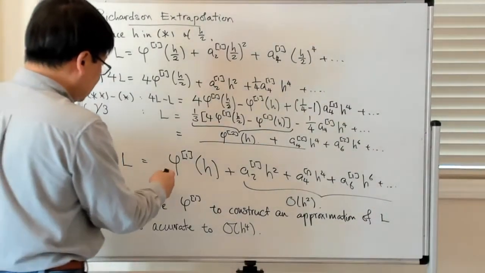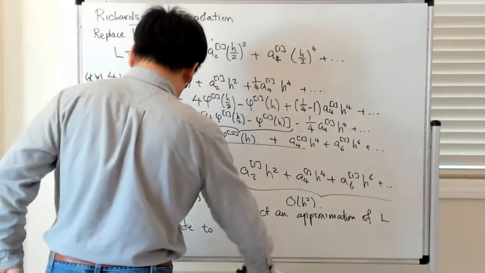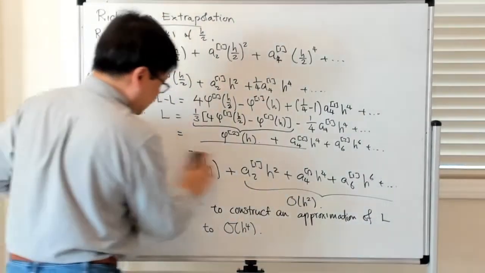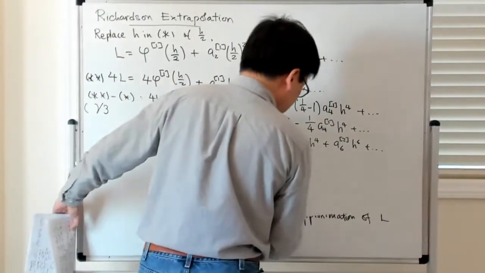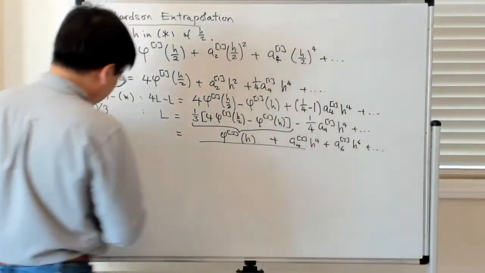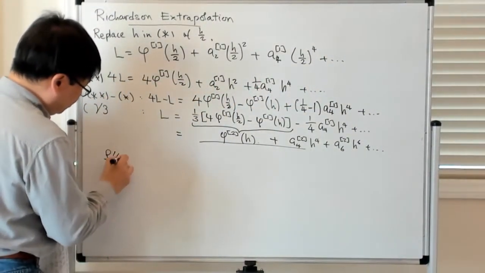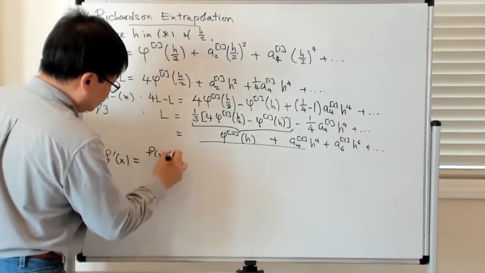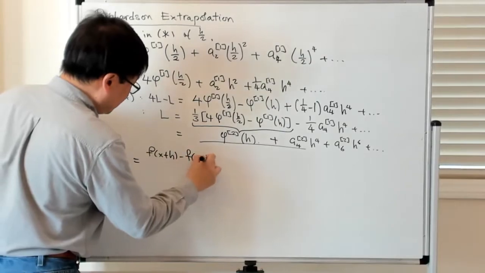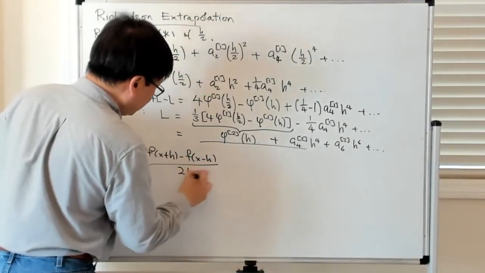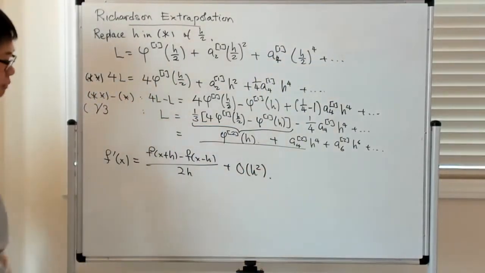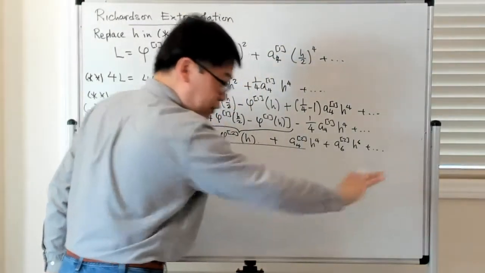What this is telling you is the following: back to our example, if f prime of x is equal to f of x plus h minus f of x minus h over 2h plus something which is big O of h squared, and in particular you happen to know what the further terms are.